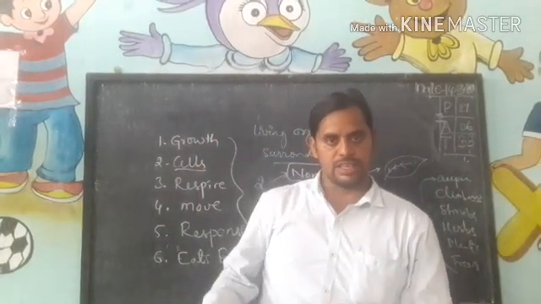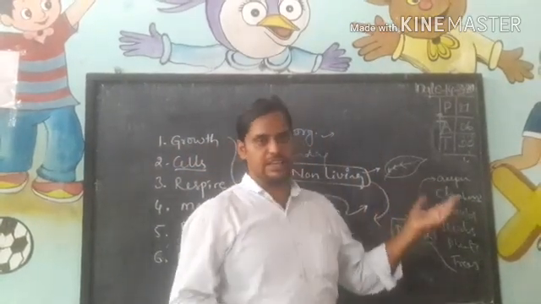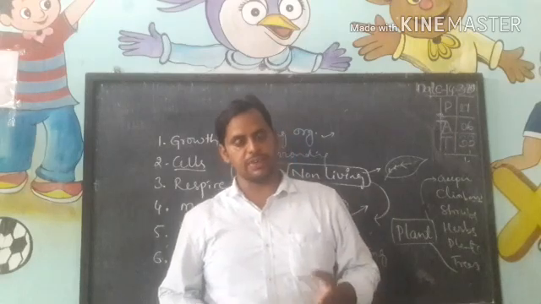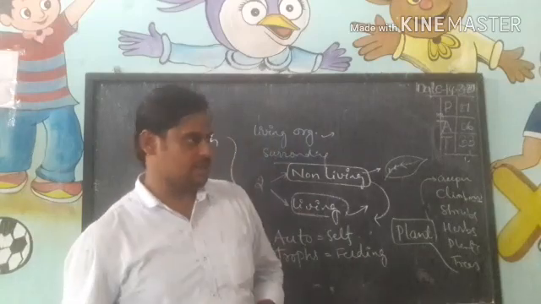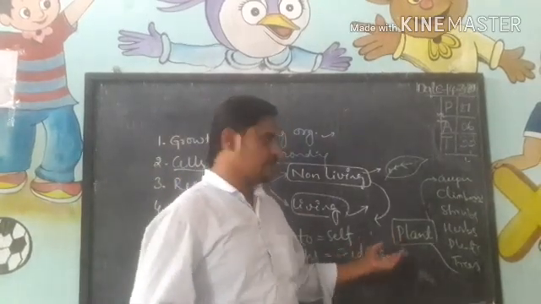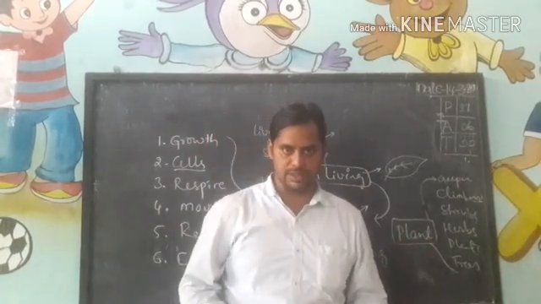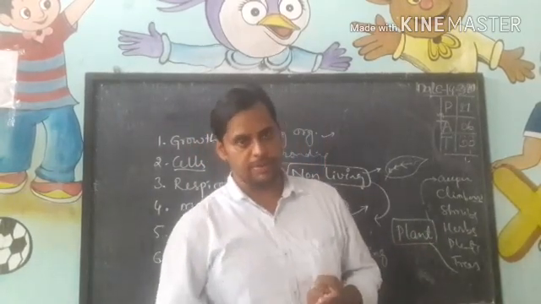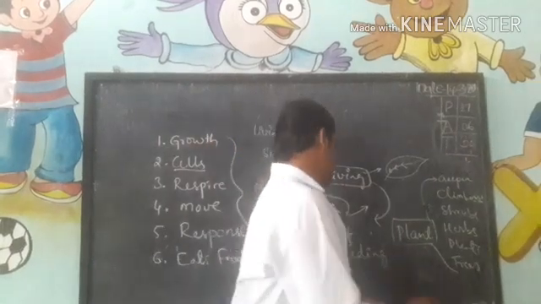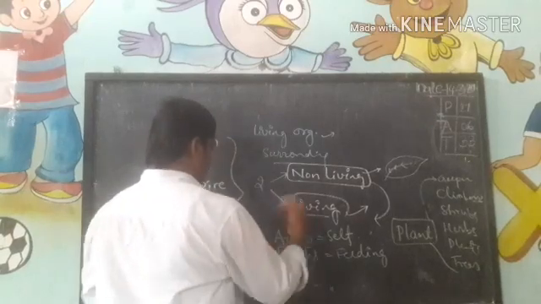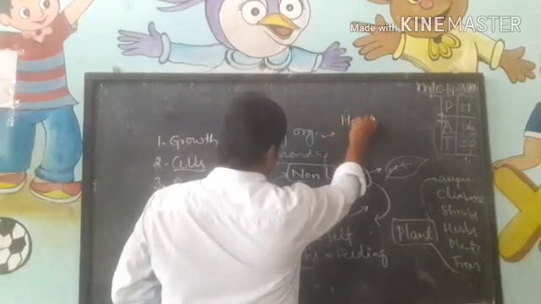Whereas animals don't have any facility like leaves, so definitely they should take food either from plants or from animals. Depending on the animal's feeding level, they are divided into three types: herbivores, omnivores, carnivores. When we depend upon others, it is called heterotroph.